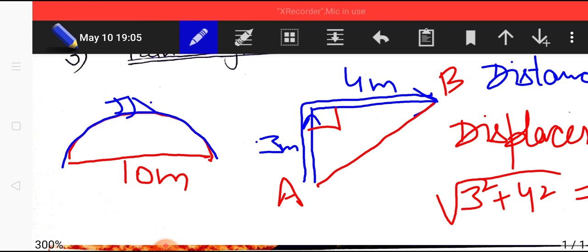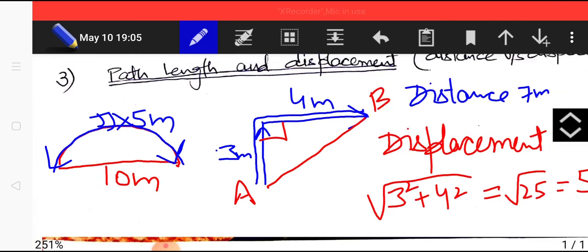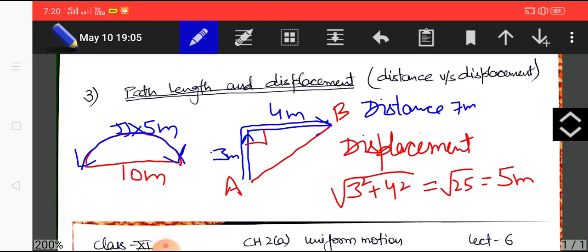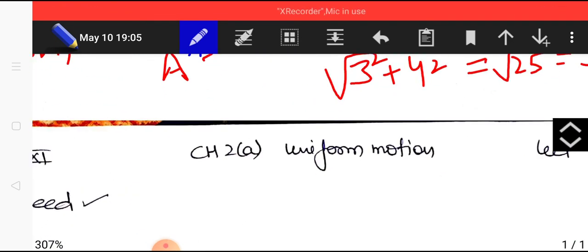So that is pi into 5 meter. 2 pi r is the full circumference, and this pi r, which is half circumference, is the path distance, while 10 meter is the displacement. So that is the difference between distance versus displacement, which we are going to use in our discussion.